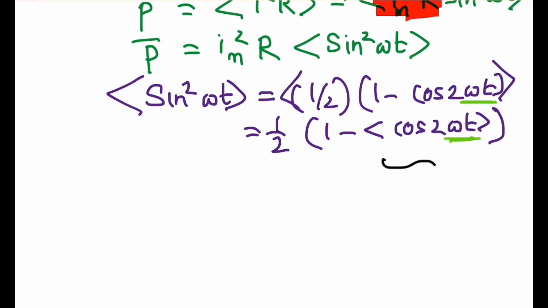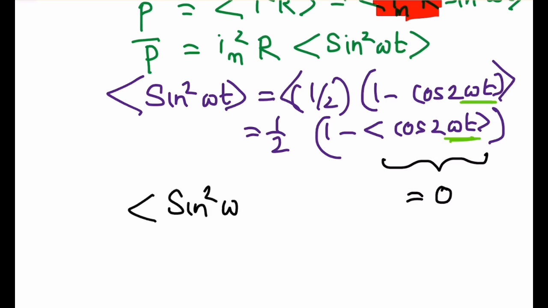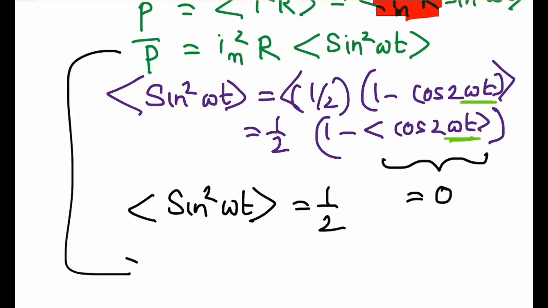So you should know the average value of sine and cos over a full cycle becomes 0. But the first part has this one half. Therefore the average of sine square omega t is 1 by 2. So you can write sine square omega t between the triangular brackets is equal to 1 by 2. Therefore when you go back to this equation, P bar is equal to Im square R times the average of sine square omega t, which is 1 by 2.